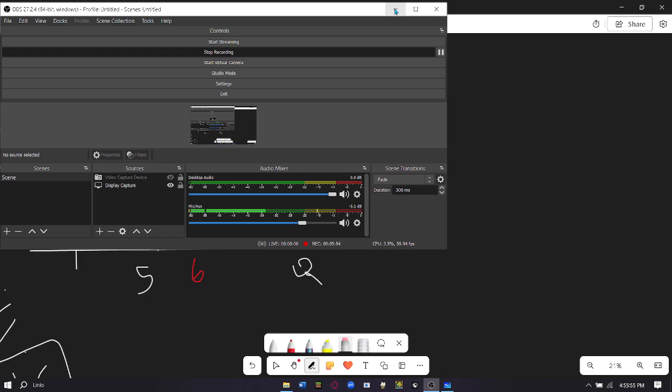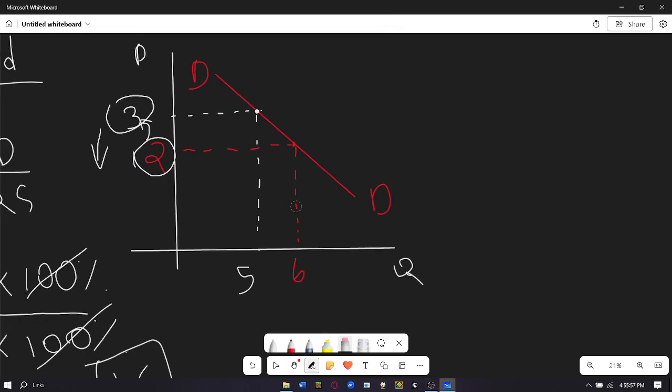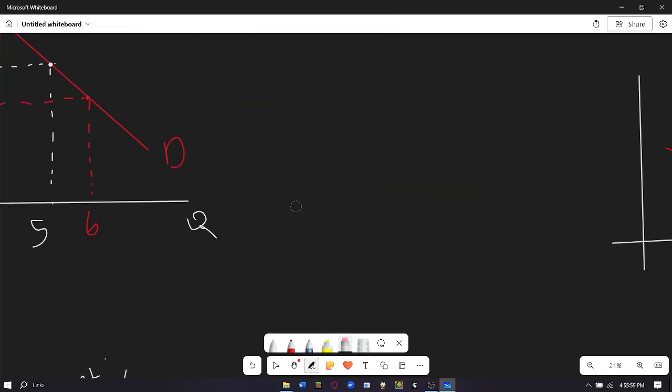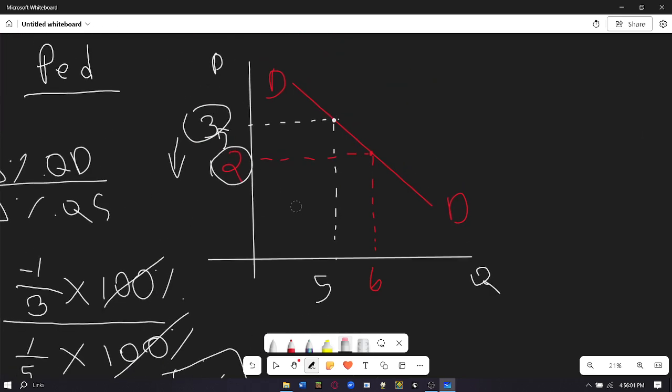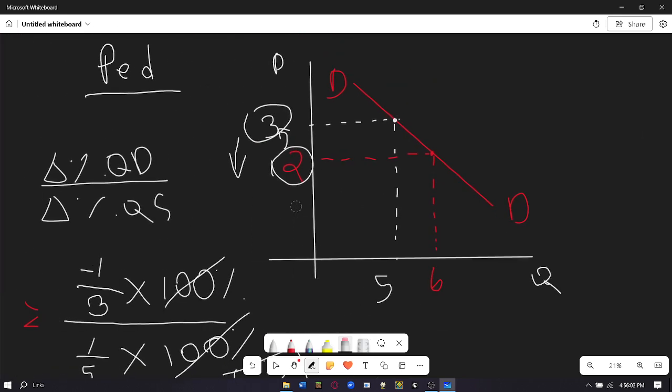In a PES graph, it's the exact same thing as we did before. The only difference is that this is changed with a different line, and it's supply. We can determine the same thing.